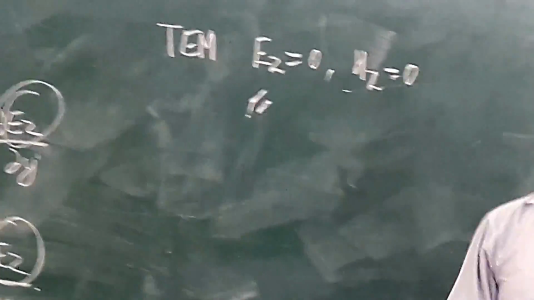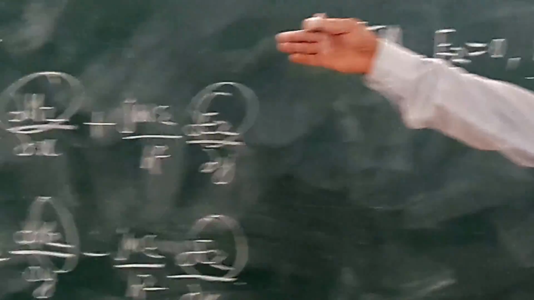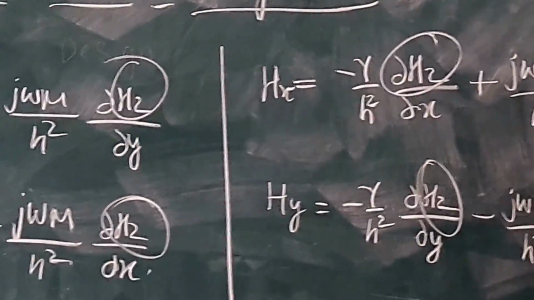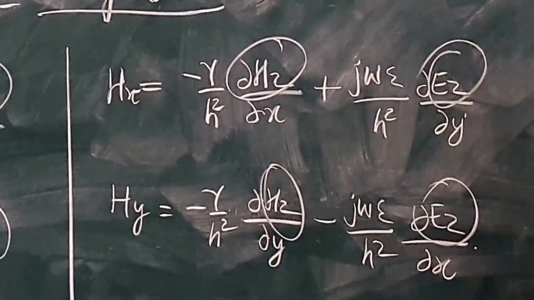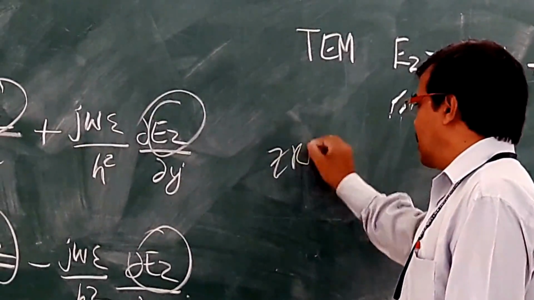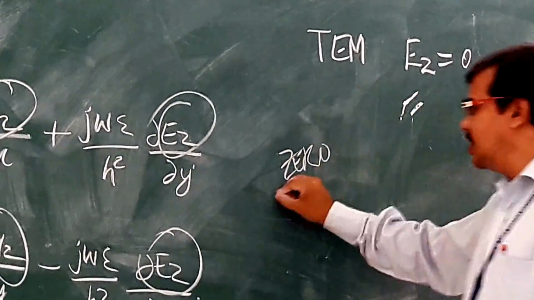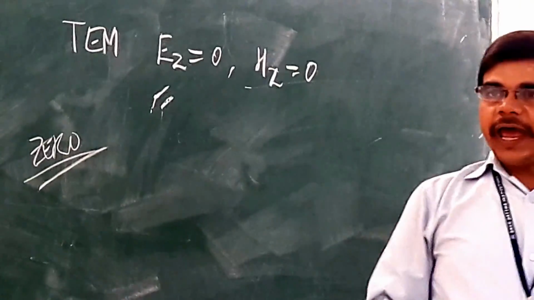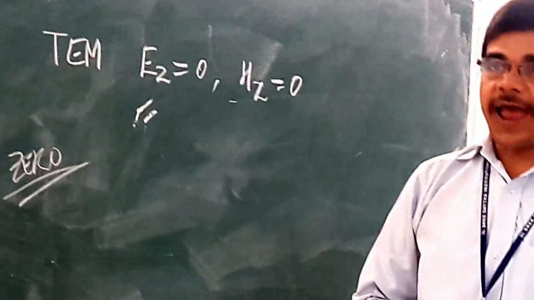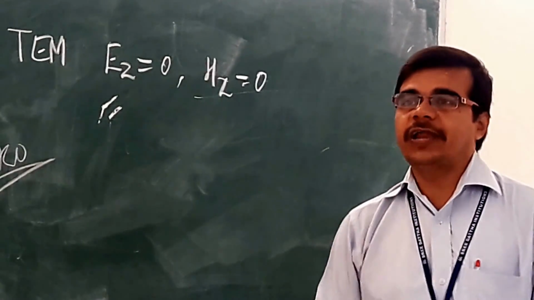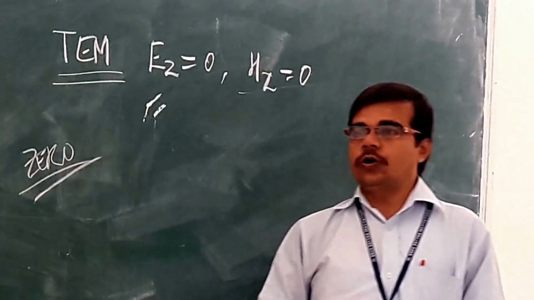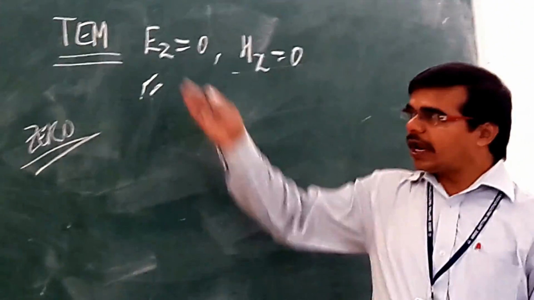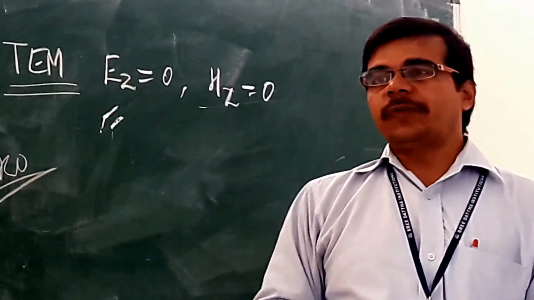With all those values we will see that the Ex component, Ey component, Hx component, and Hy component all become 0. All of it is cancelled out. So as we don't have any value for the electric field and magnetic field, in a waveguide we don't have the transverse electromagnetic mode.